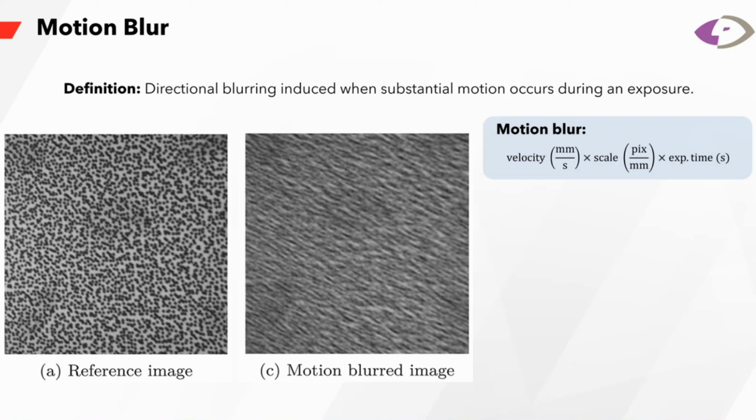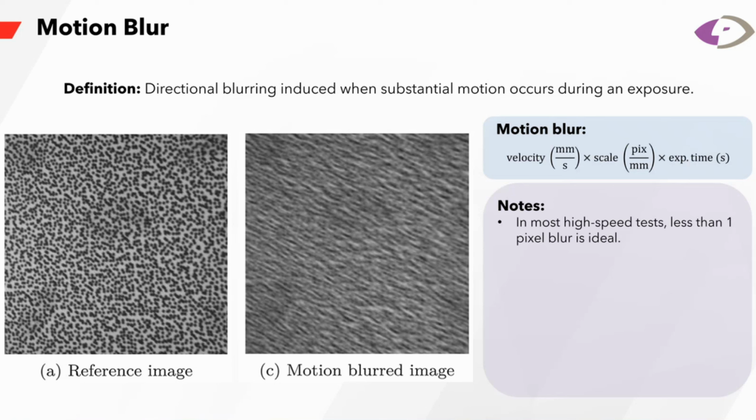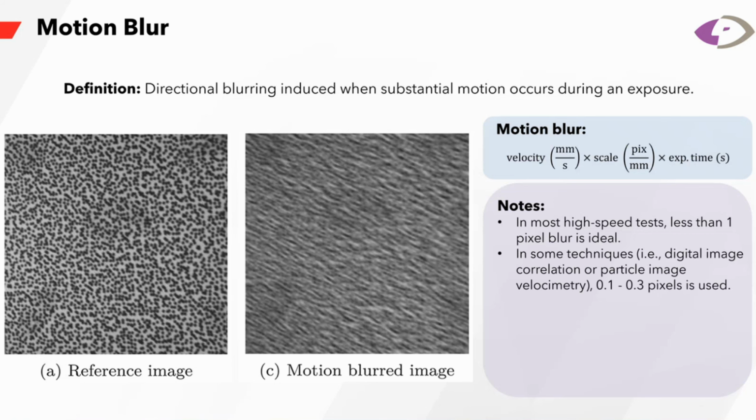Now, what should you really consider when you're setting up your test? Most high-speed tests, generally we want simply 1 pixel blur or less. That's ideal, because you just won't observe it. However, in some techniques like digital image correlation or particle image velocimetry, we generally aim for 0.1 to 0.3 pixels of motion blur that's acceptable.